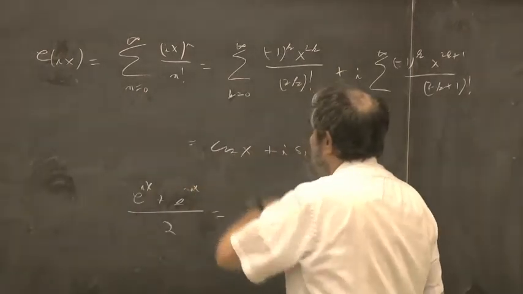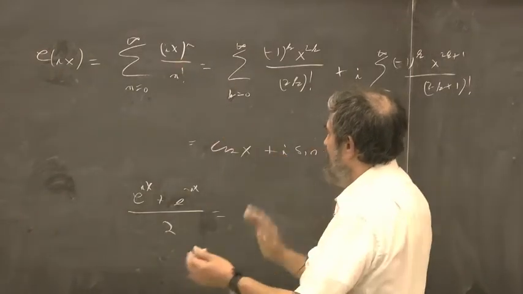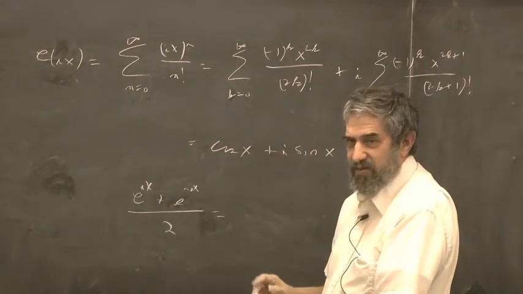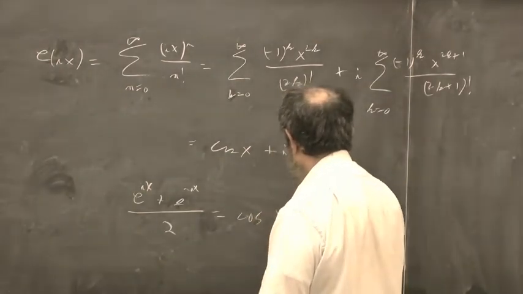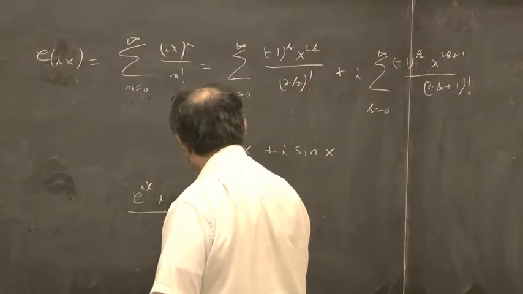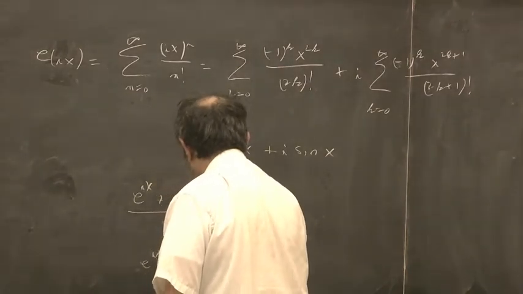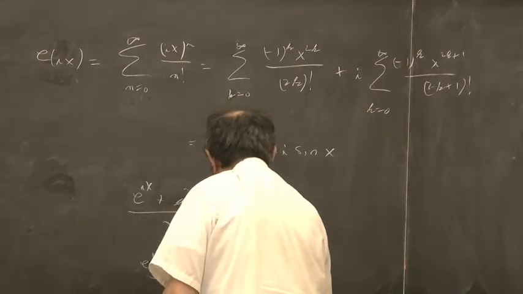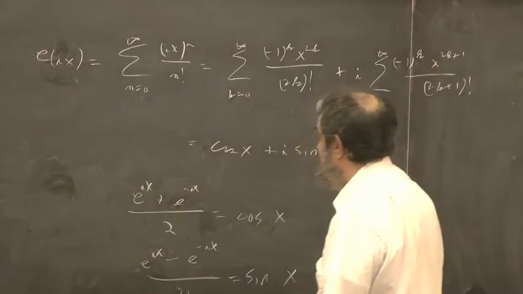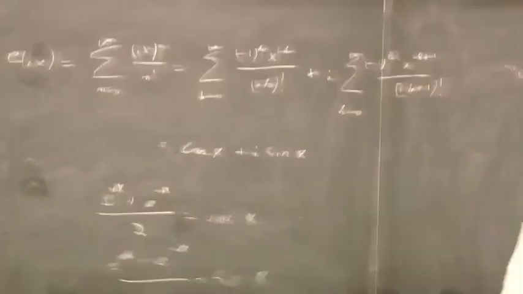If you just see what happens when you plug in minus ix for ix and you add them together, all the odd terms go away. So this is just cosine of x, and you can recover the sine function this way.